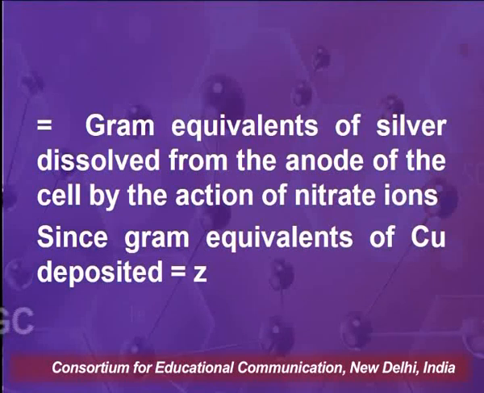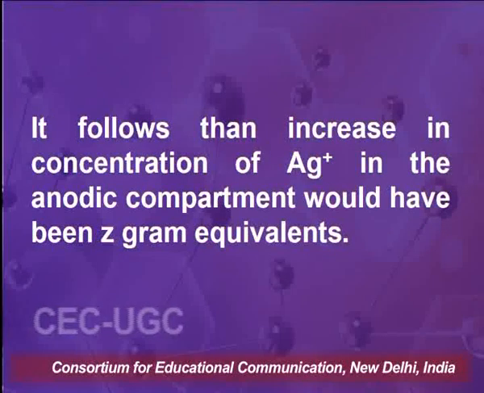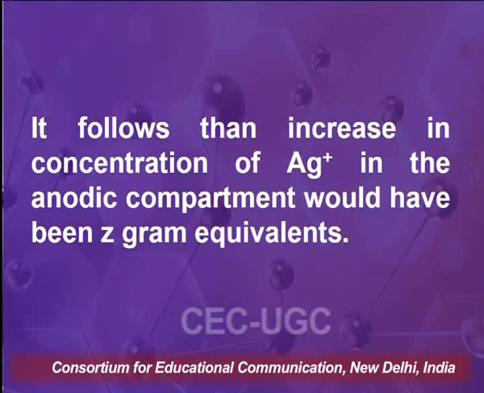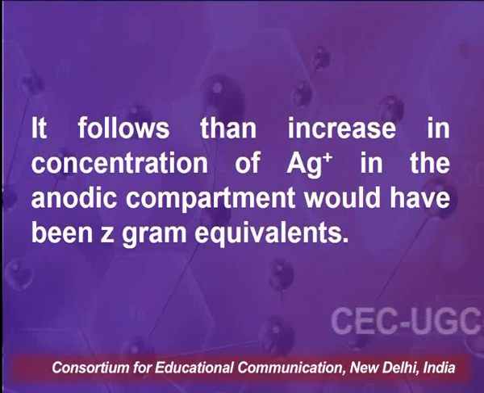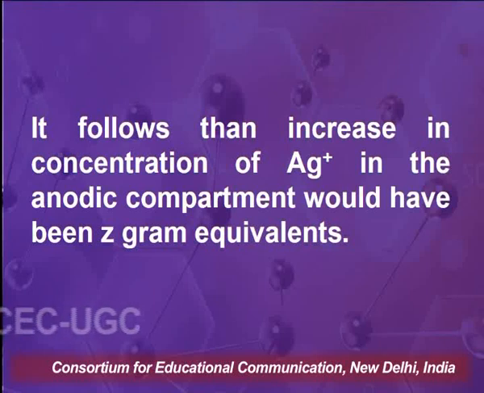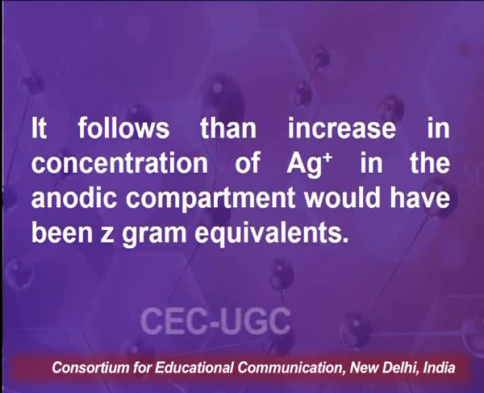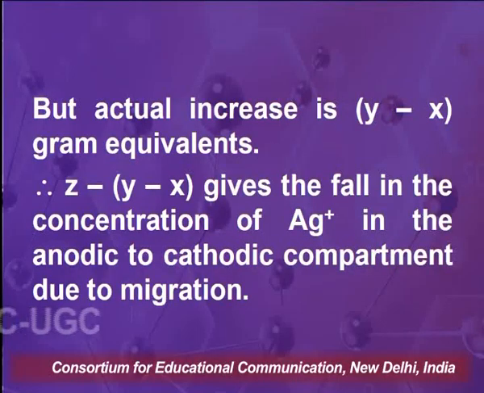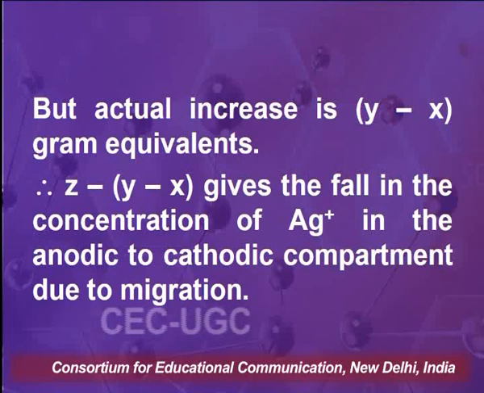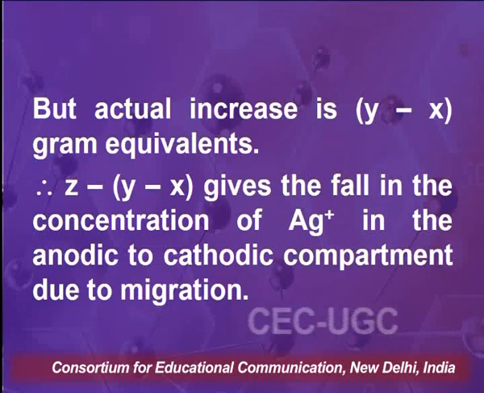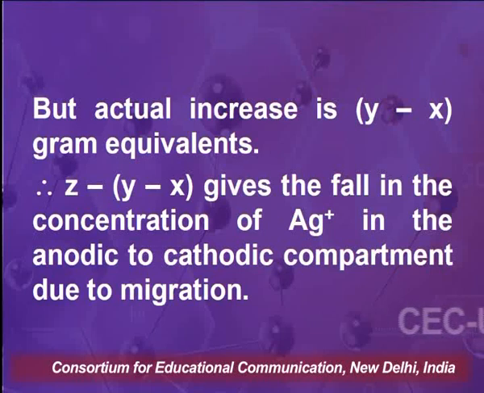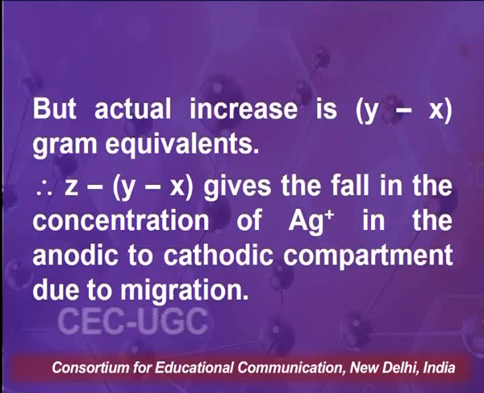Since gram equivalents of copper deposited is equal to Z, it follows that increase in the concentration of silver ions, Ag plus, in the anodic compartment would have been Z gram equivalents, but actual increase is Y minus X gram equivalents. Expected increase is Z, actual increase is Y minus X.